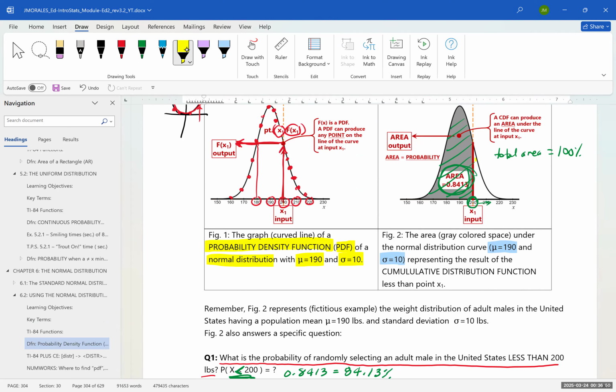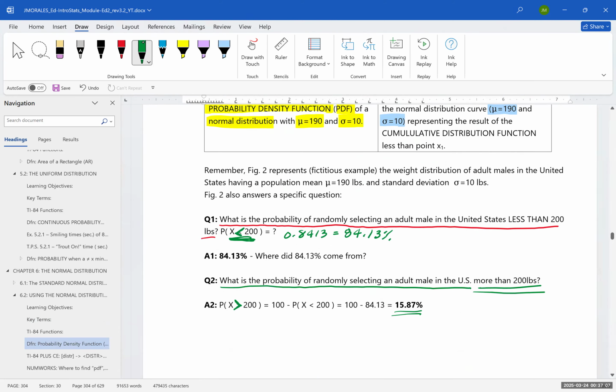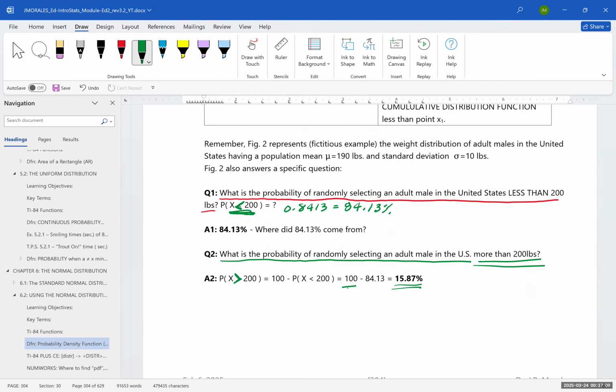So if we're interested in finding this area above 200, couldn't we take 100 and subtract 84.13 from it? Shouldn't that give us this little area here? So 100 minus 84.13 gives us 15.87%.